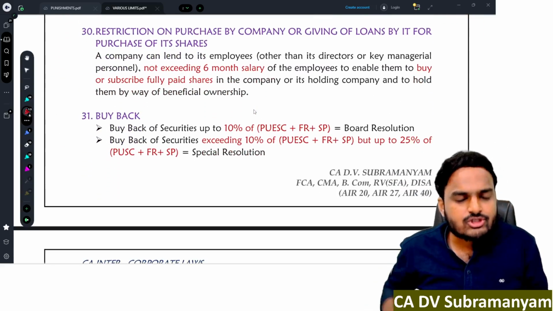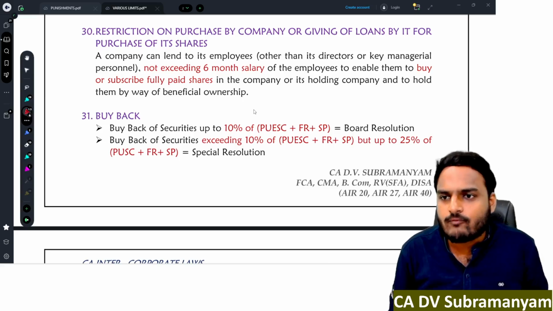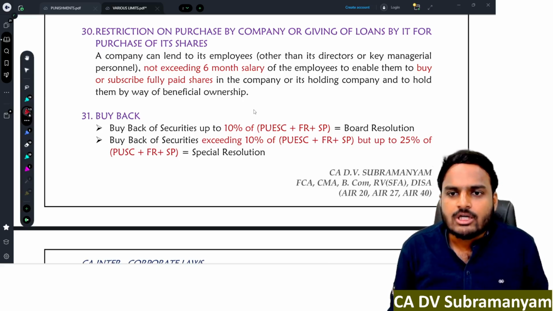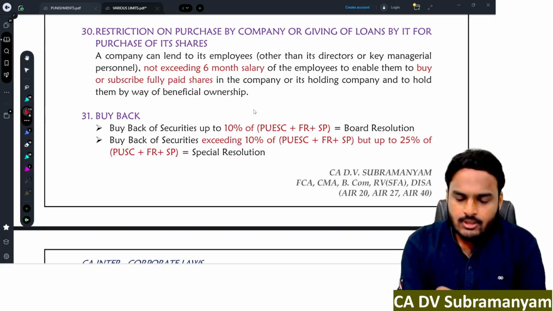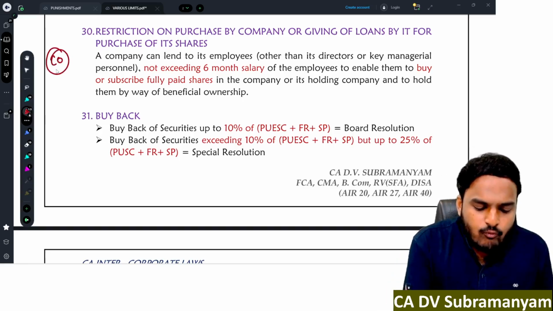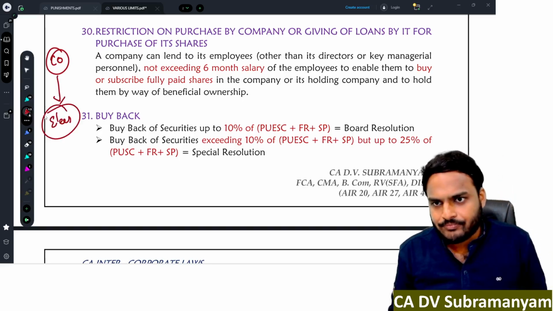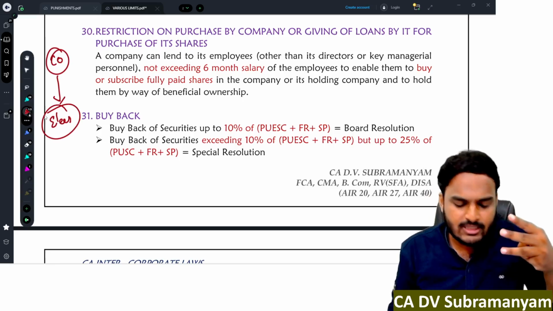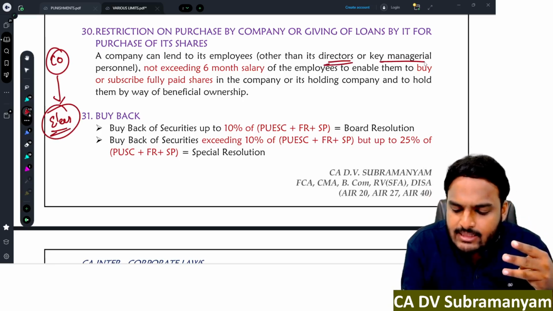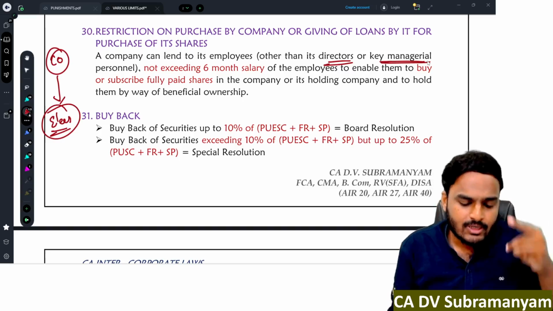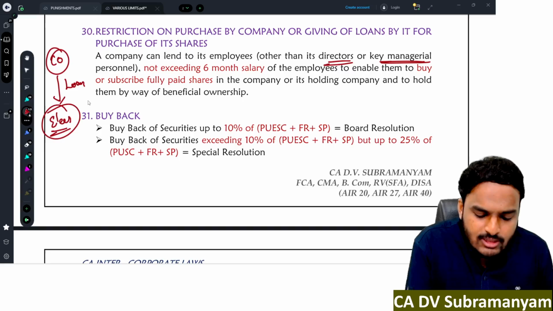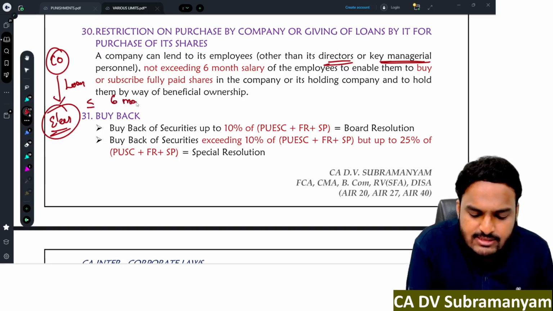Next one, restriction on purchase by a company or giving of loans by it for purchase of its shares. Here, a company can advance money to its employees for purchasing its own shares. But 3 conditions are there. One, employee excludes directors and KMP. The maximum loan amount is 6 months salary.